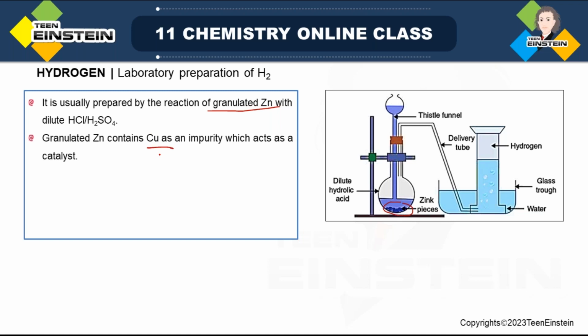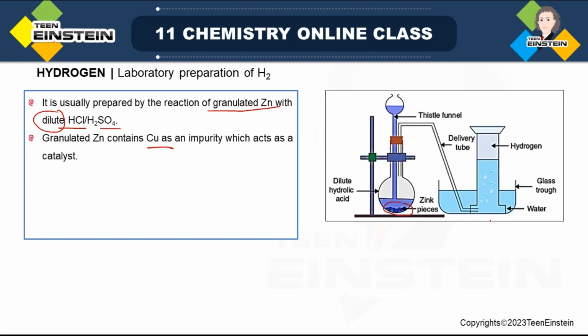So it is better to use granulated zinc. And we take dilute hydrochloric acid or H2SO4. Remember, it should be dilute. It is very important that the acid is dilute. Why? We will come to that point. So zinc should be impure and granulated, and the acid should be dilute.